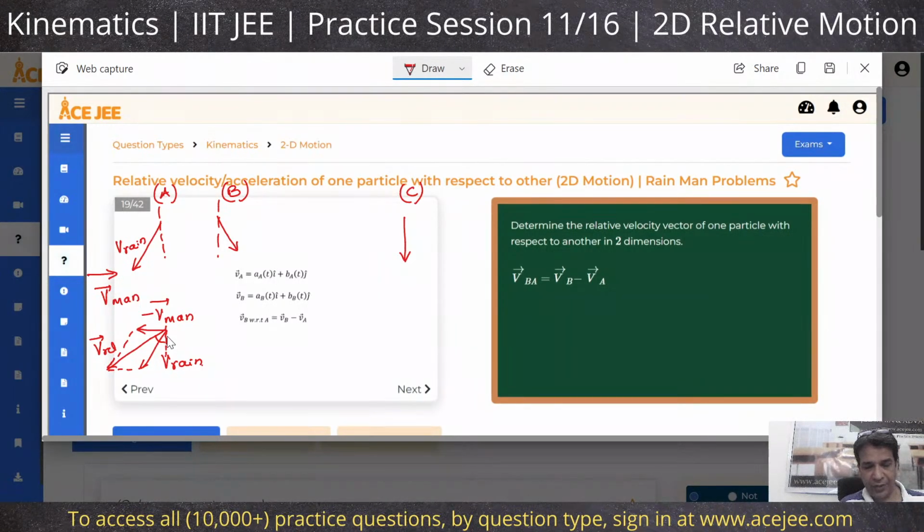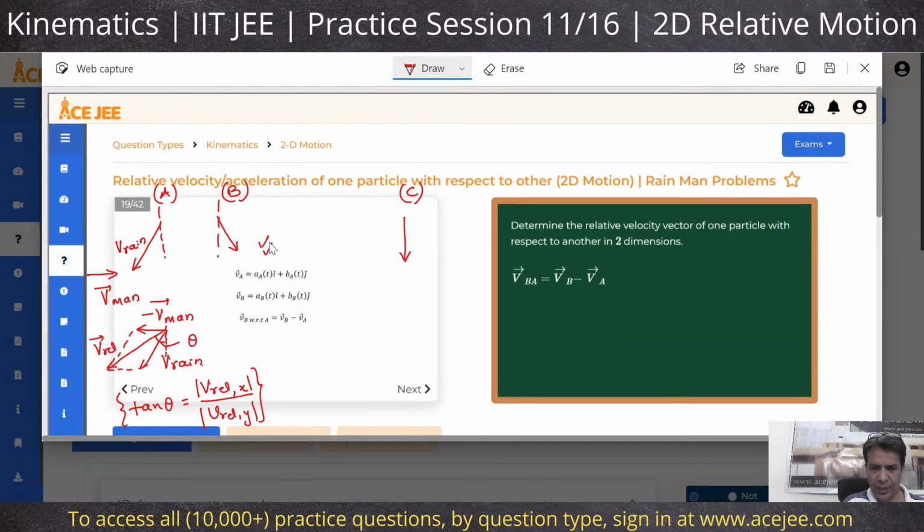Once we have figured out V relative, let's call this angle theta. Then tan theta would essentially be V relative x divided by V relative y. Correct, Namita? Got it? Same thing here as well.